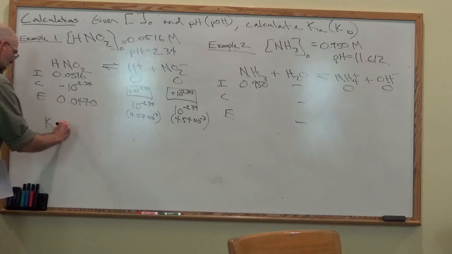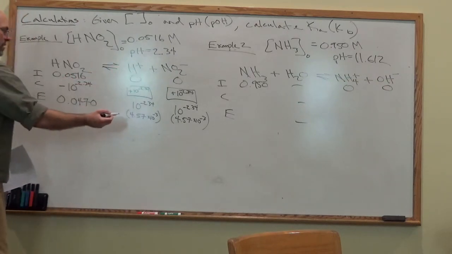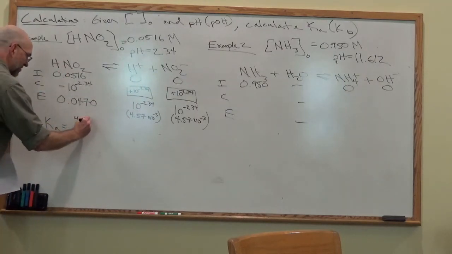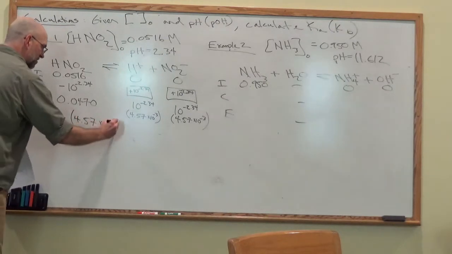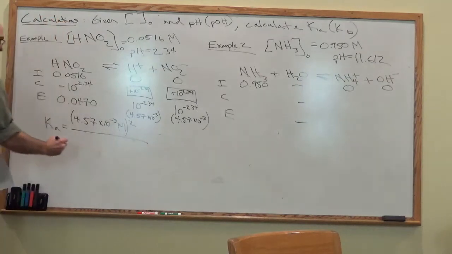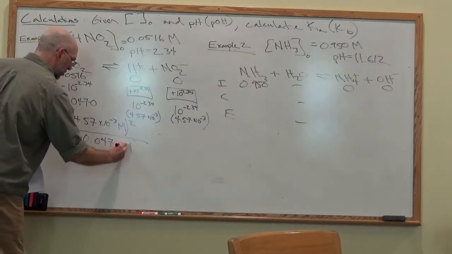Ka, because it's an acid, is going to be H plus times NO2 minus divided by HNO2. So it's going to be 4.57 times 10 to the minus third, and that's times itself. So let's just be sneaky and do that. Divided by 0.0470 molar.